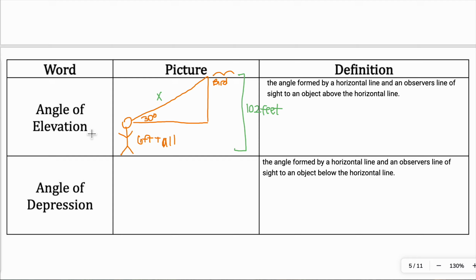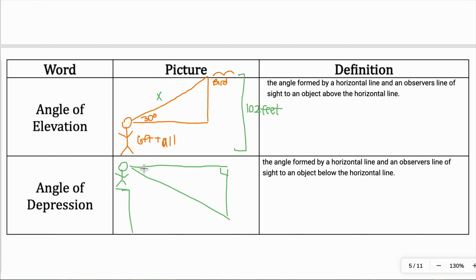Angle of depression is a little bit different. You want to think about maybe this person standing on top of a building or standing on a cliff. So here's my person for angle of depression. They're standing on a cliff. Their line of sight is still above, but then that angle is going to be below the horizontal line.